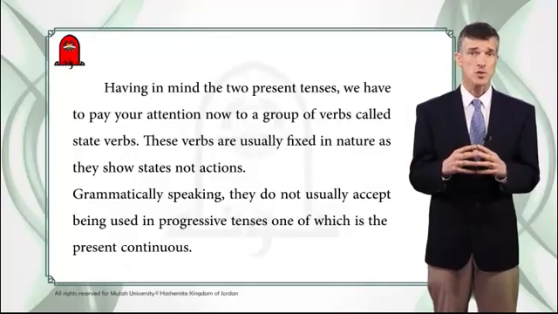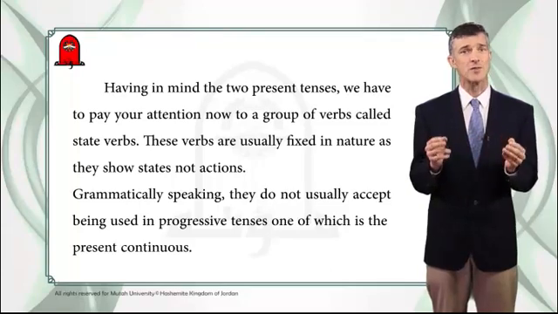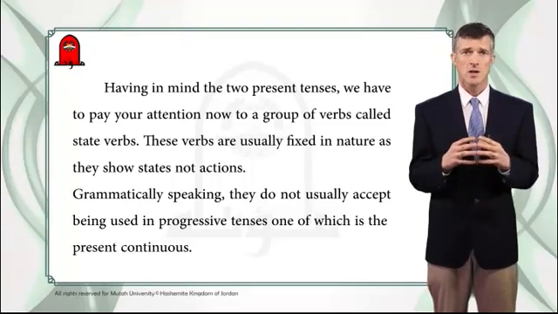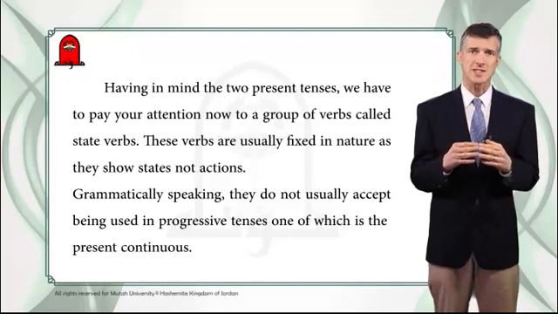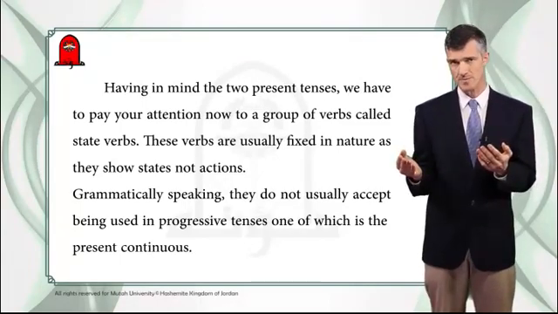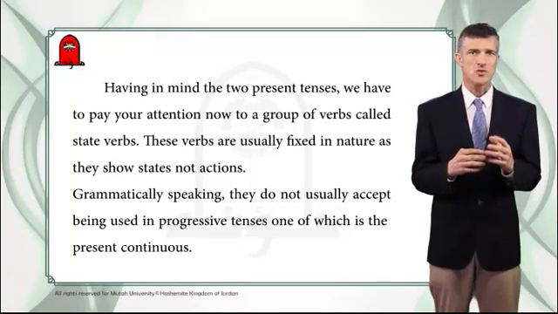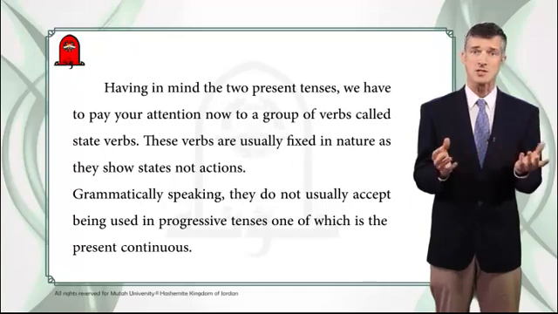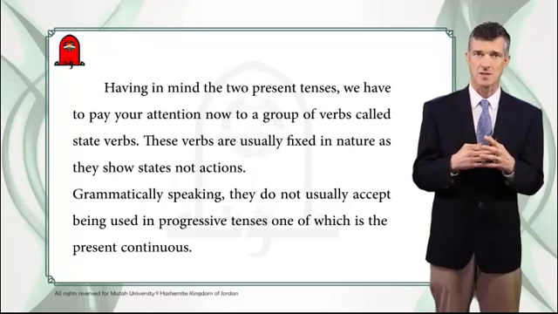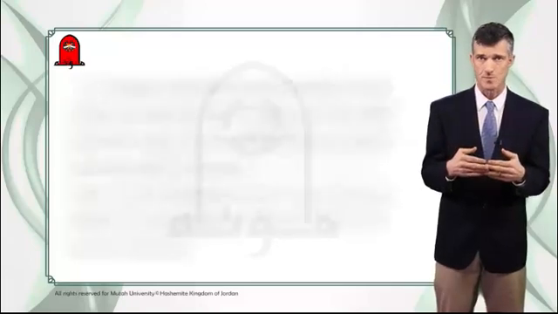Having in mind the two present tenses, we have to pay attention now to a group of verbs called state verbs. These verbs are usually fixed in nature as they show states, not actions. Grammatically speaking, they do not usually accept being used in progressive tenses, one of which is the present continuous.